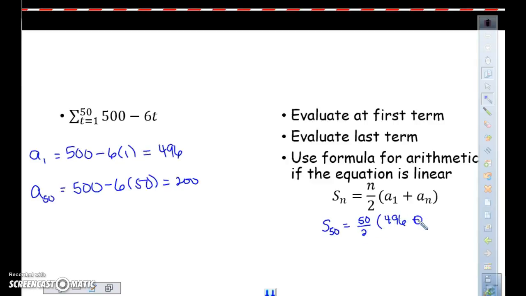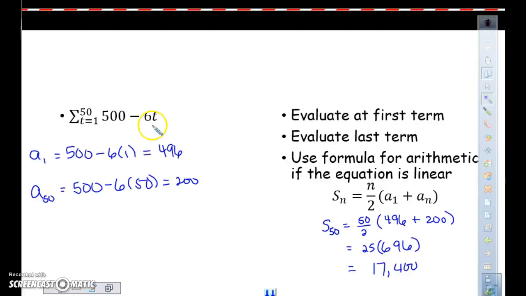First term plus last: 496 plus 200, 696, and then 25 times that. $17,400 would be the sum.